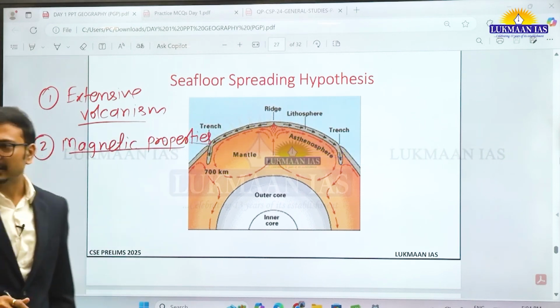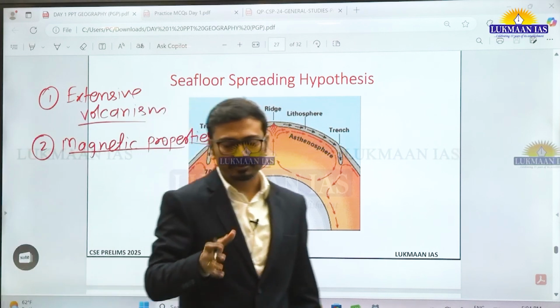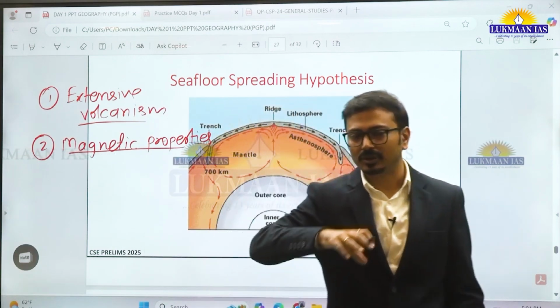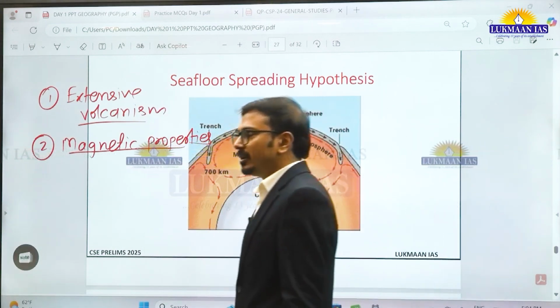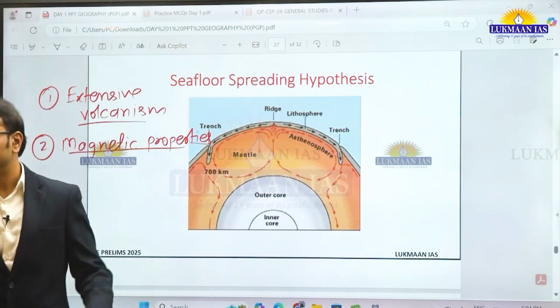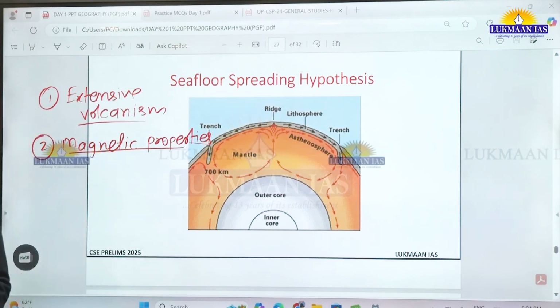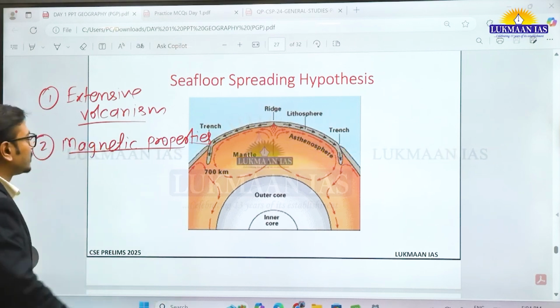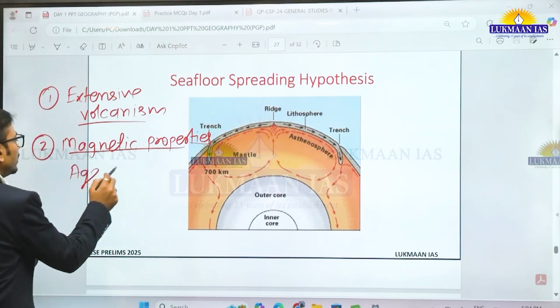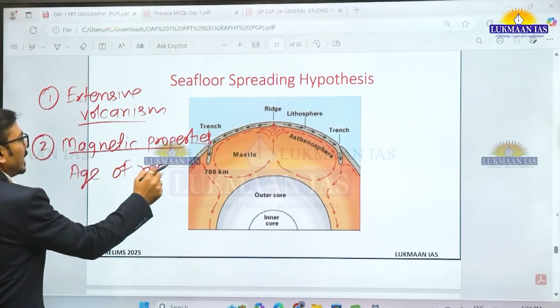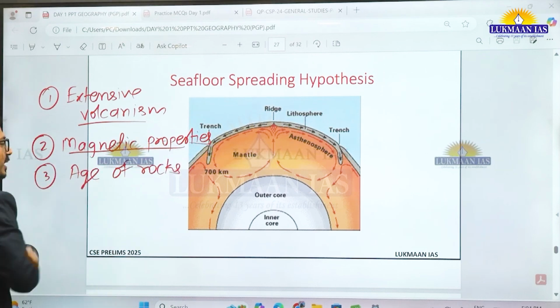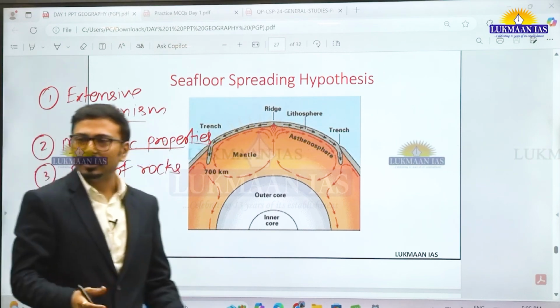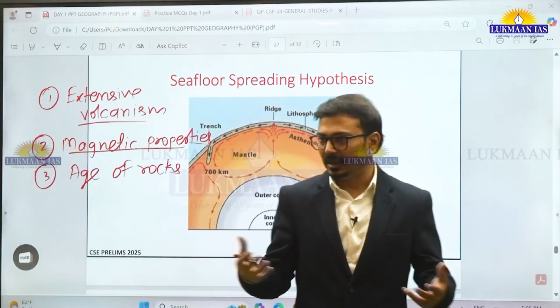The rocks near the mid-oceanic ridge showed normal polarity. But away from the mid-oceanic ridge, they show reverse polarity, the older age. Also the age of rocks: the age of rocks near the mid-oceanic ridge is younger, and as we move away, they are older.